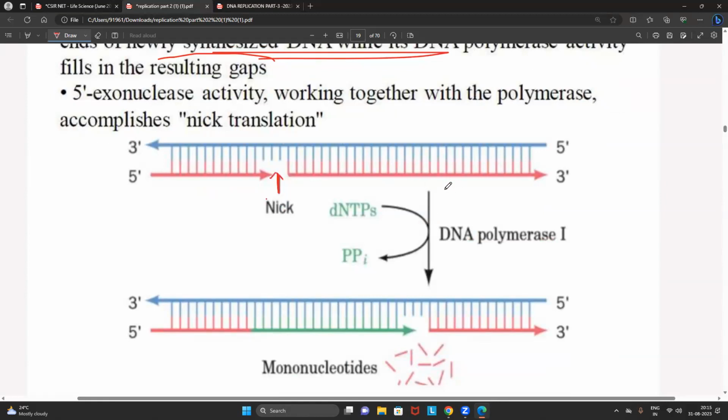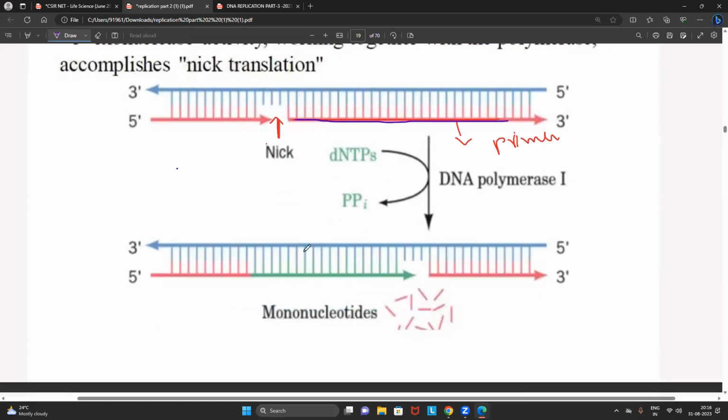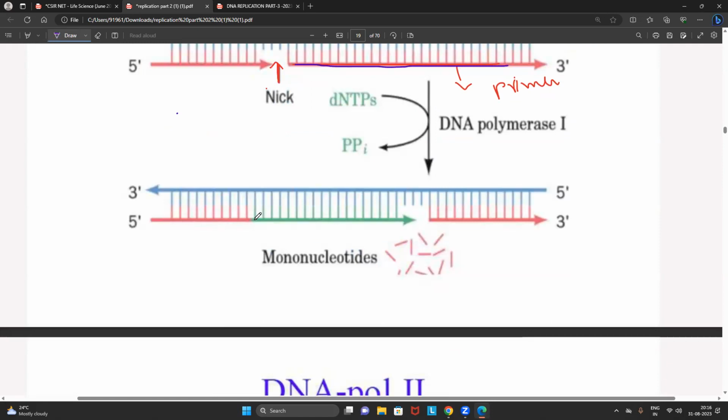For that reason, all the students listen. This red color you can see, imagine that is the primer. DNA polymerase 1 removes this primer. The moment it removes the primer, the red one, it has to refill with DNA nucleotides.